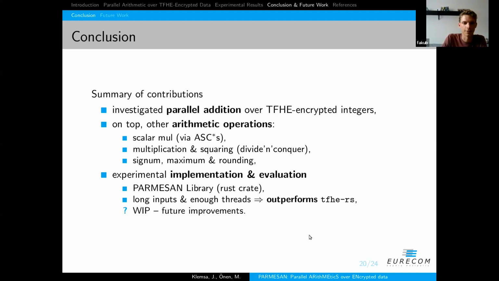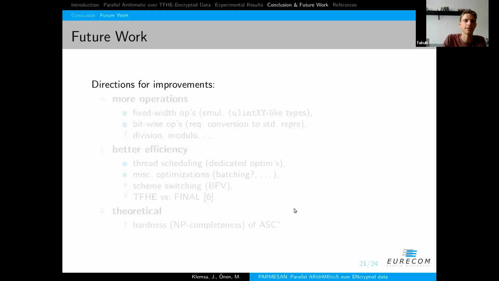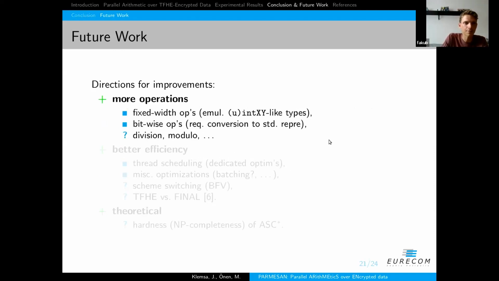As work in progress, there are some future improvements and also alignments with TFHE RS. Regarding future work, I suggest some directions for future improvements, which I would be happy to work on. There definitely might be more operations supported. For example, fixed-width operations like in TFHE RS, which would emulate integer types, or bitwise operations.